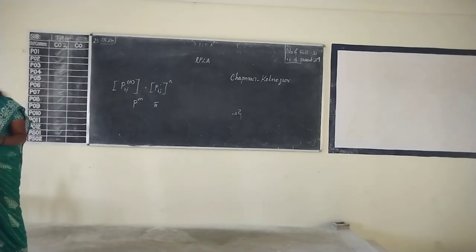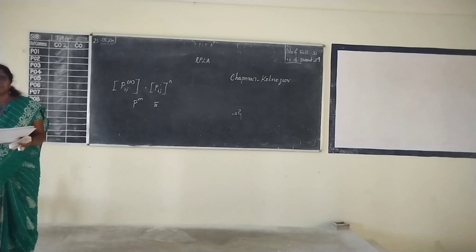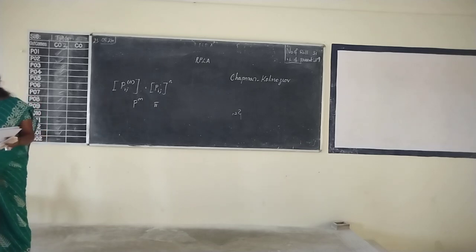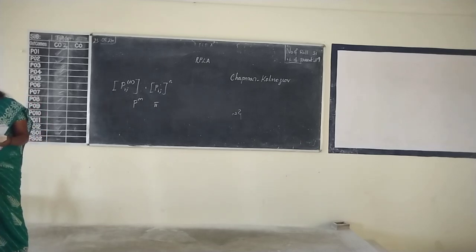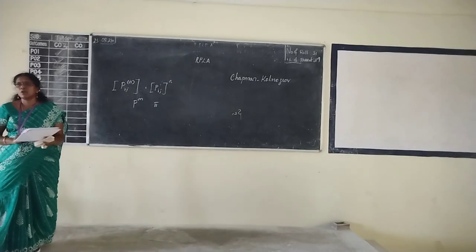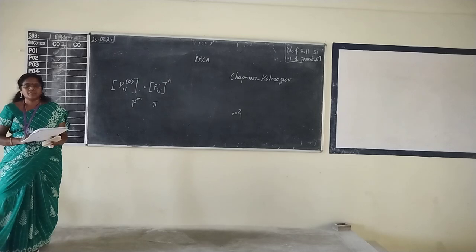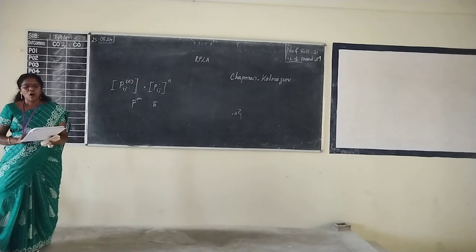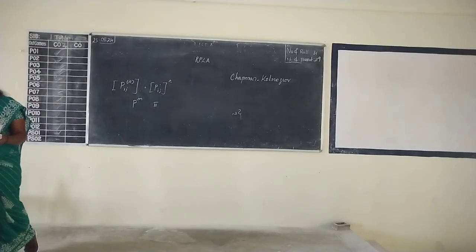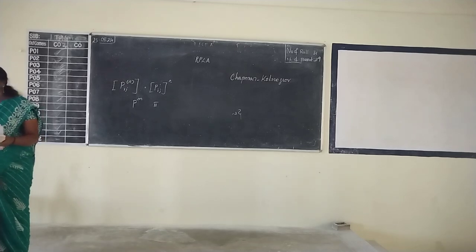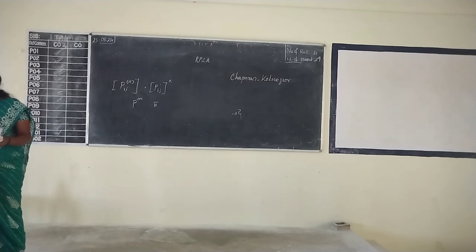Shall I repeat? Then every sequence of state probability distribution approaches a unit fixed probability distribution, called the stationary or steady state distribution of the Markov chain.